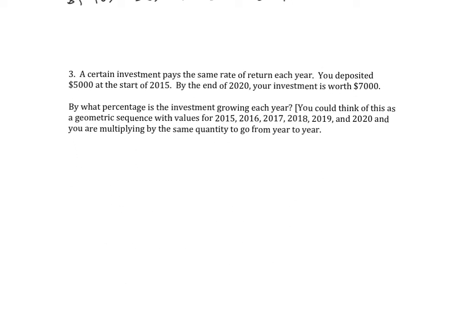Moving right along. So basically, we're saying that there's some value r, and when we multiply our original value times r, we're going to get how much our investment is worth in 2016. In 2017 would be r squared, 2018 would be r cubed, 2019 r to the fourth, 2020 would be r to the fifth. So 5,000 times r to the fifth is going to equal our value in 2020.